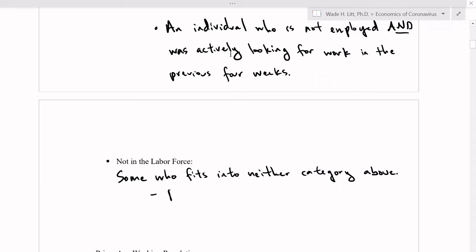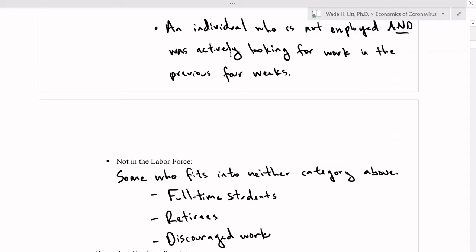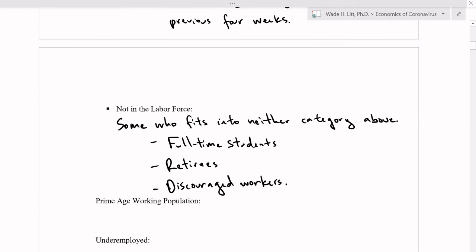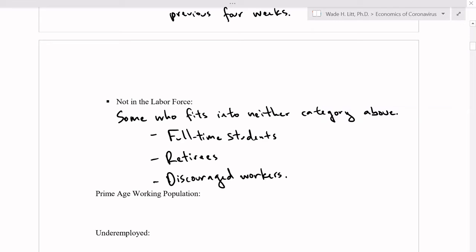So this is going to be full-time students who don't work, retirees, and discouraged workers. Discouraged workers are a particular sign of weakness in the labor market.